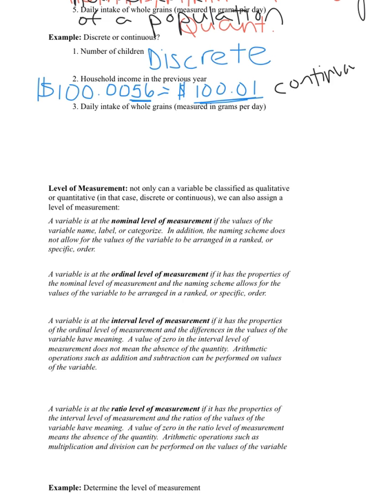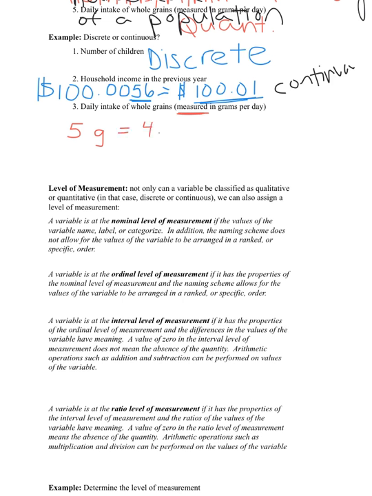All right, and then same thing, daily intake of whole grains, measured in grams per day. So it's a measurement. And again, measured in grams per day, normally we say like 1 gram, 2 grams, 3 grams. But really, let's say if we have like 5 grams, that's really probably some sort of range.